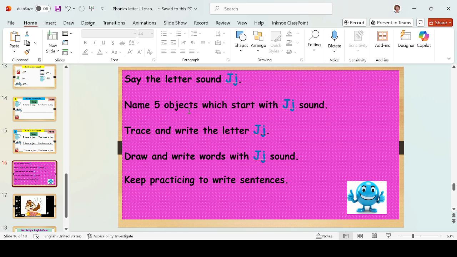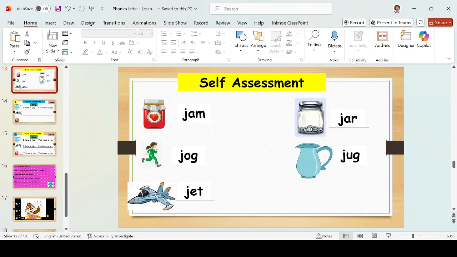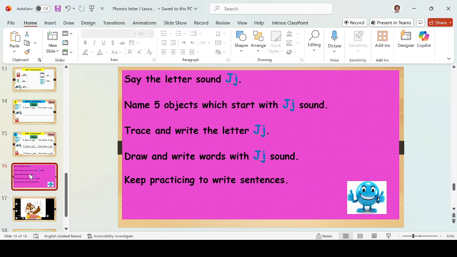So whenever you see this letter, know it's the j sound. I want you to name objects which start with the j sound. Okay, can you still remember them? If you forget, I can show you here. We have jam, jar, jug, jag, jet. And if you go back, you will find so many, okay?